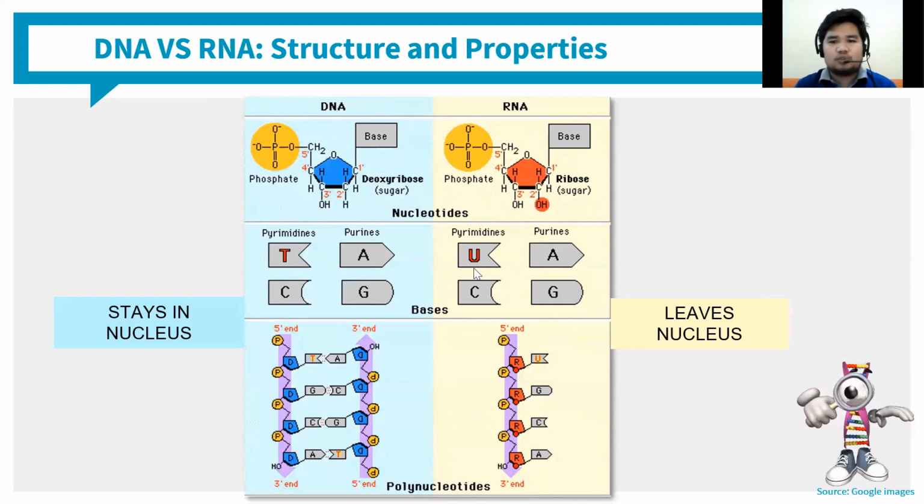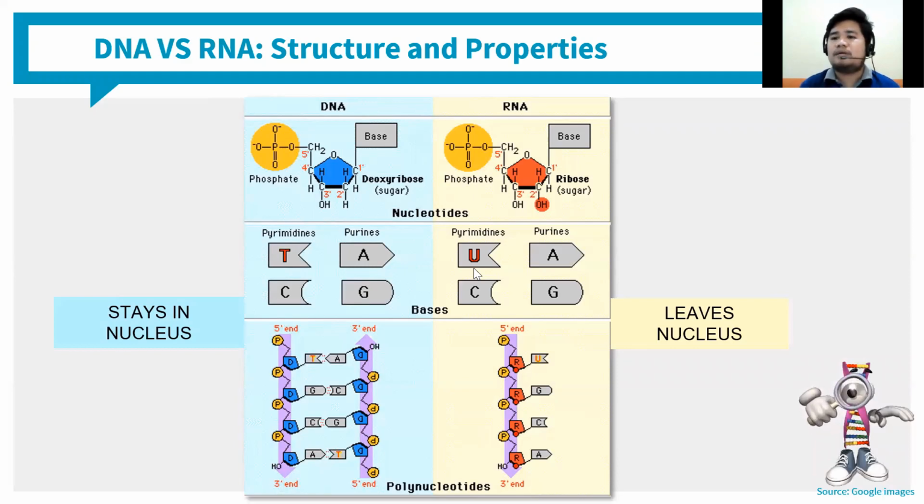Pareho silang may sugar phosphate backbone, no? Pareho ang kanilang structural formula, and yung base pairing ng dalawang yan ay said to be rigid. Hindi dapat napapalitan. Kung sino yung kapartner nino, dapat yun yung talagang magkakaroon lang ng pairing.